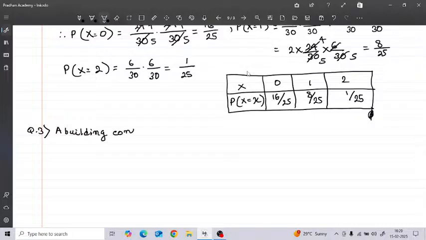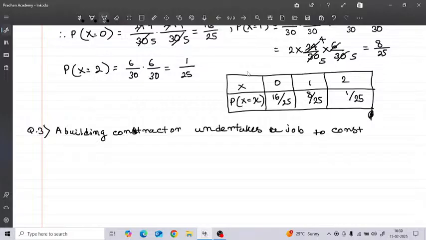A building constructor or contractor undertakes a job to construct four flats on a plot along with a parking area.